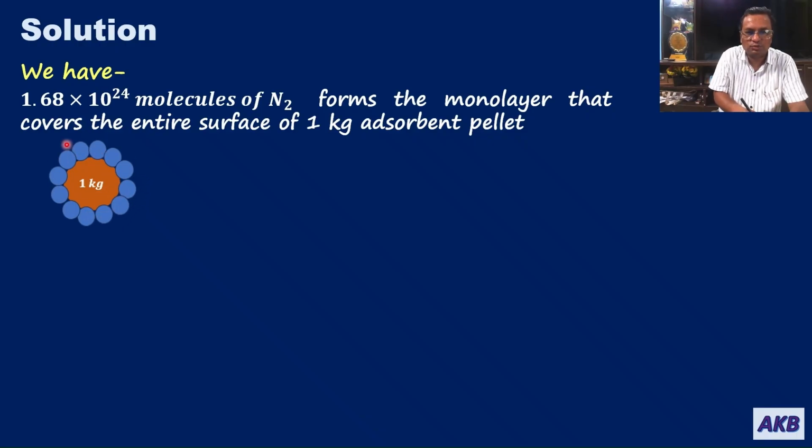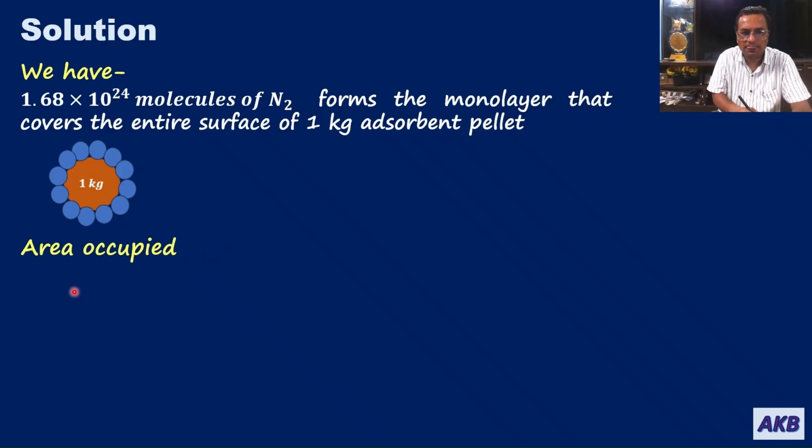And the number of such molecules is 1.68 into 10 to the power 24. So here, for your understanding, I have shown that the entire surface of the adsorbent is covered with N2 molecules. The number of these molecules is 1.68 into 10 to the power 24.